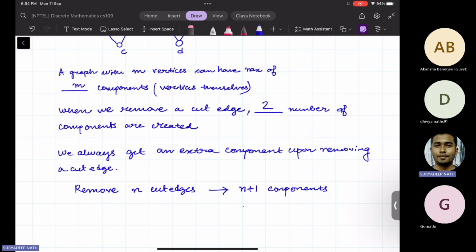Now if I flip the question, you have m components, so to create m components, how many cut edges do we have to remove? M minus 1, right. So you will have to remove m minus 1.